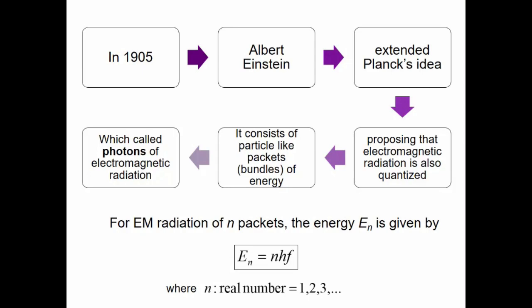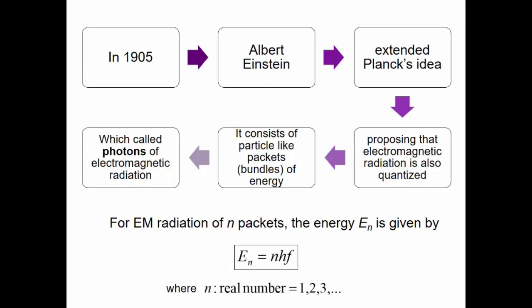In 1905, the same year that he introduced his famous special theory of relativity, Albert Einstein made a bold extension of Planck's idea by proposing that electromagnetic radiation is also quantized. It consists of particle-like packets, bundles of energy, called photons of electromagnetic radiation.